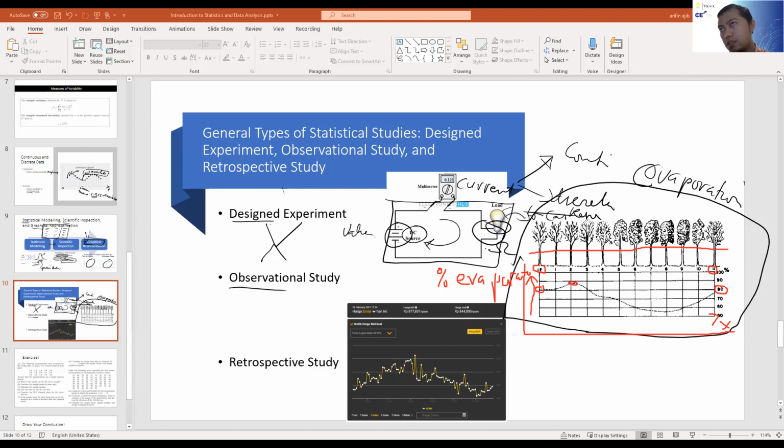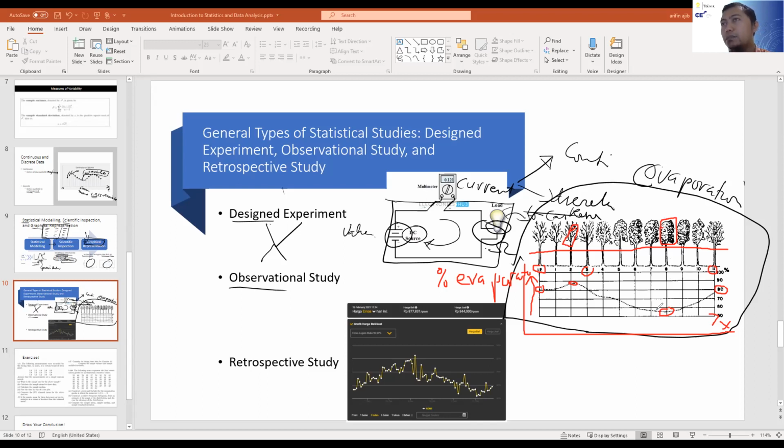The evaporation is the highest, so the tree is drying. And then it decreases in March and reaches the minimum evaporation, in this case reflecting the number of leaves on the tree, which is really high.